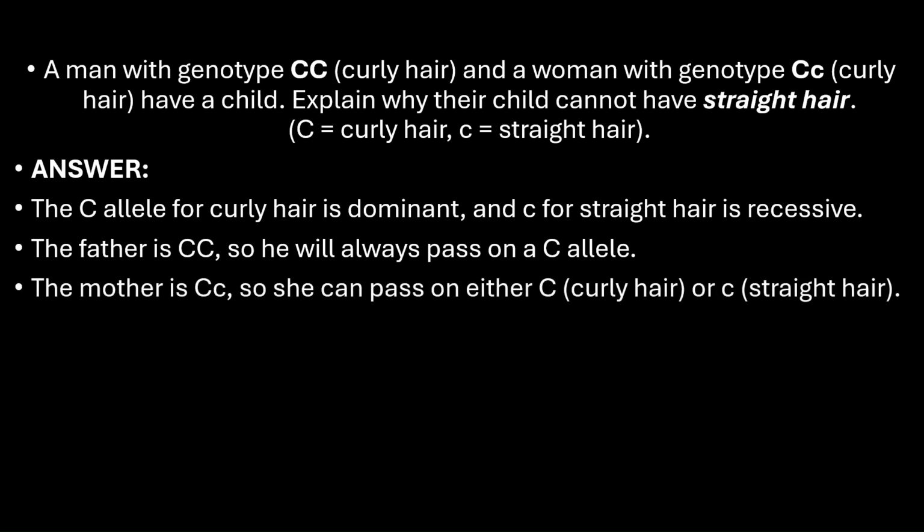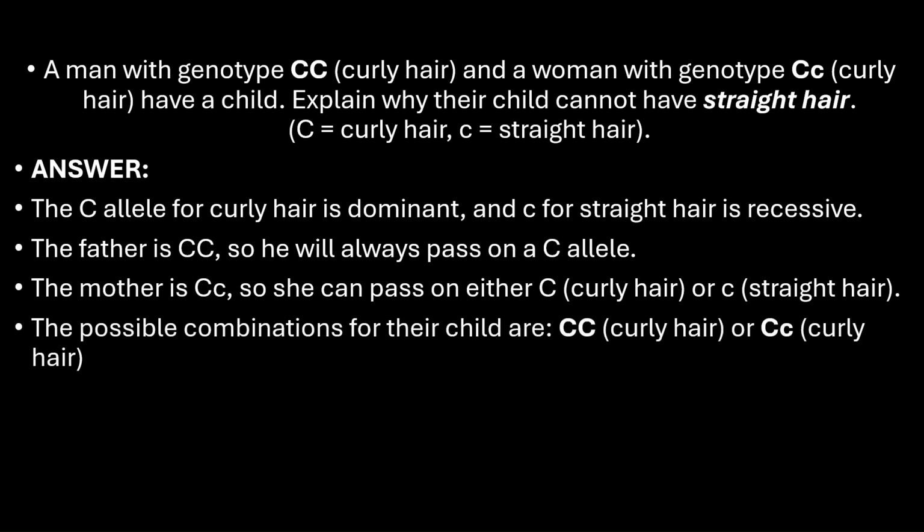The mother is heterozygous, and that is she has one capital C and one small letter c, that is one dominant allele, one recessive allele. So she can pass on either of them. She can pass on a dominant allele for curly hair or a small letter c for straight hair.